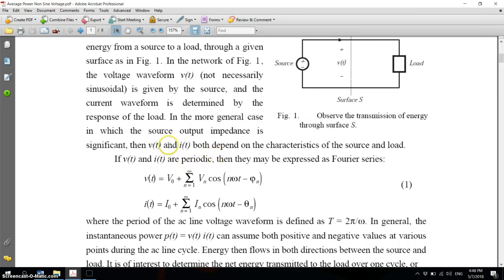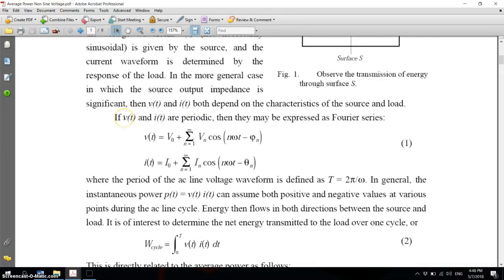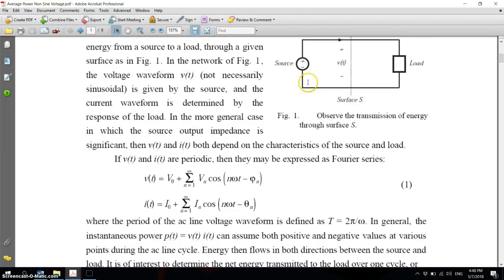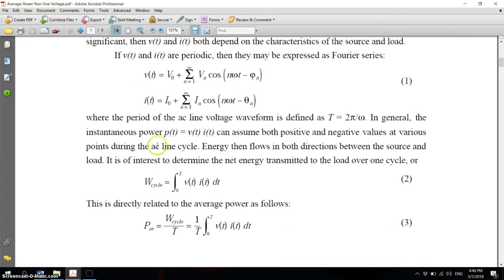So let's assume that the voltage is represented by Vn cos(n omega t minus phi n), and the current is represented by In cos(n omega t minus theta n). Those are the instantaneous voltage and current for the circuit here. Therefore the energy is the integral of the instantaneous voltage multiplied by the instantaneous current.